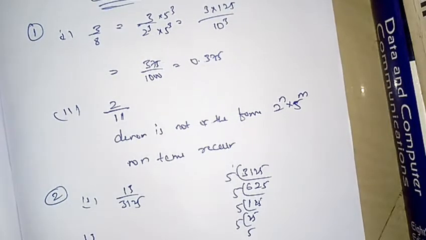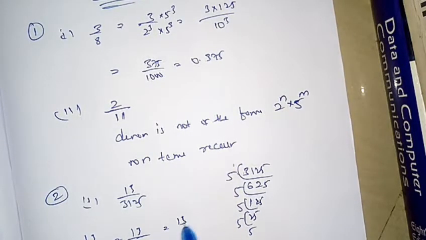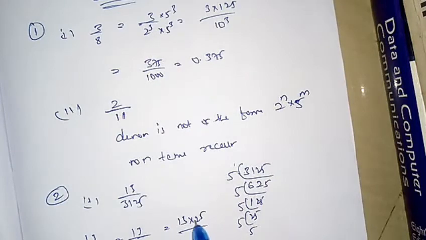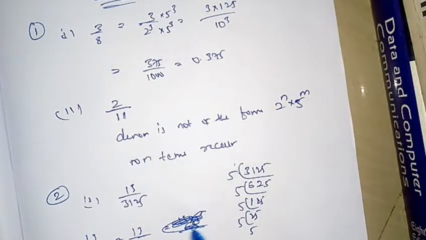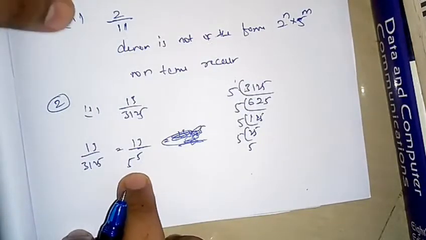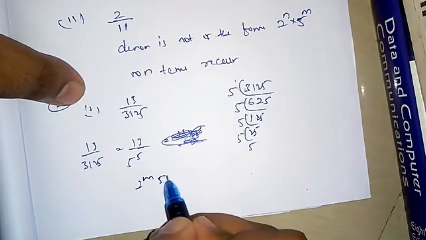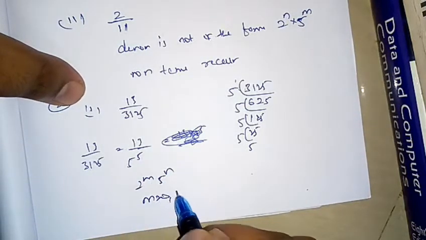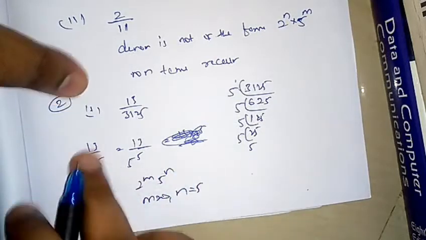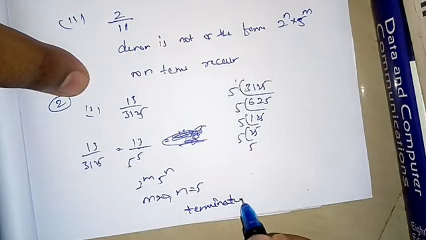So 13 by 3125 is equal to 13 by 5 power 5. You don't need to multiply, you are not finding a decimal form. You have to find out whether the decimal expansion is terminating or non-terminating. Since the denominator is of the form 2 power m into 5 power n, where m is equal to 0 and n is equal to 5, the decimal expansion will be terminating.